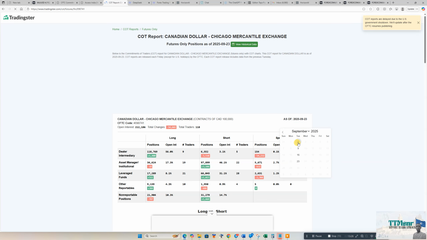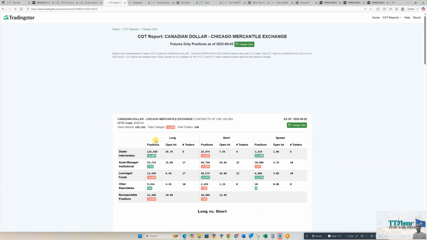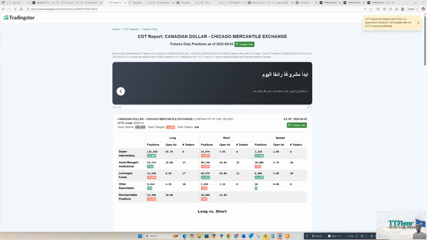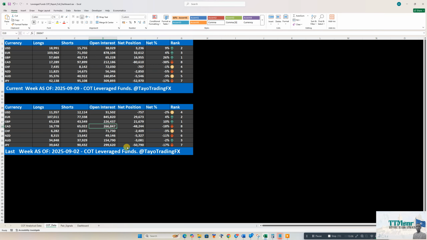Okay, as of the week of, open interest. Short position.